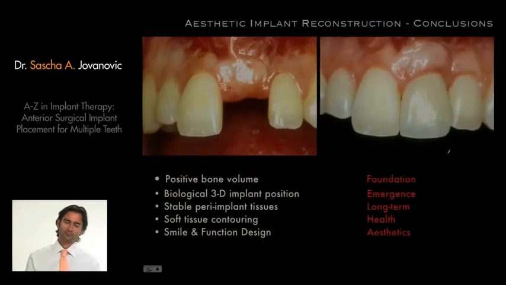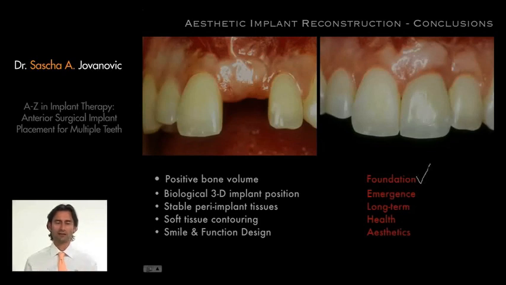So in summary, I would like to conclude here that many of the criteria which we're using for single teeth are very similar for multiple teeth. And the main compromise we have in multiple teeth is, A, we are usually missing more bone, so we need to be better at creating the foundation.